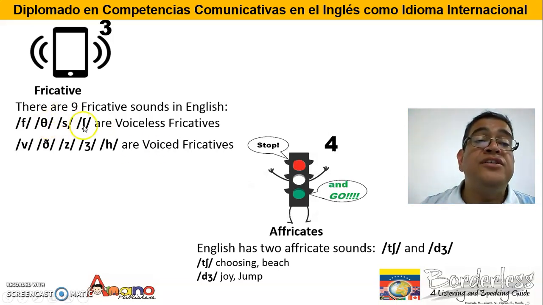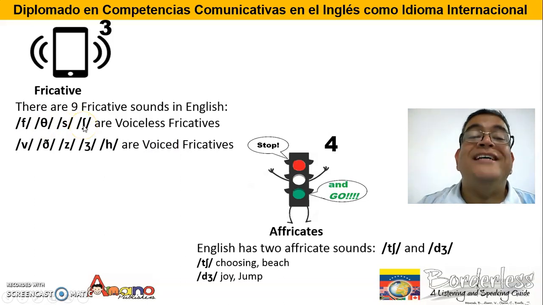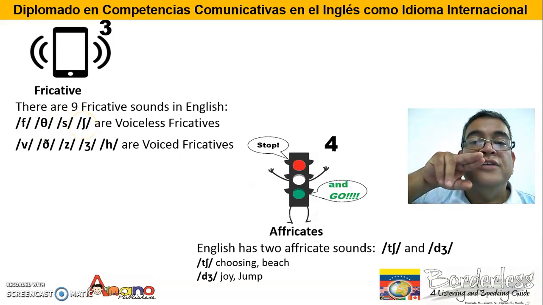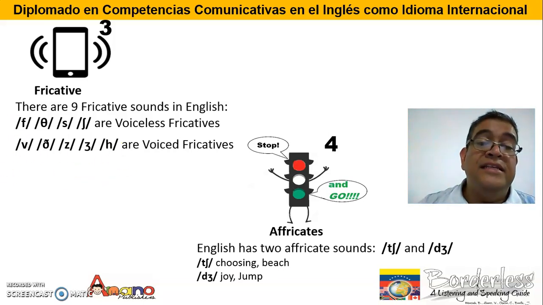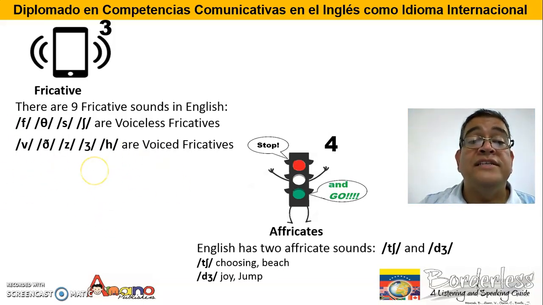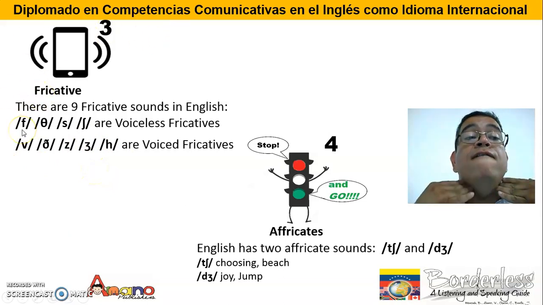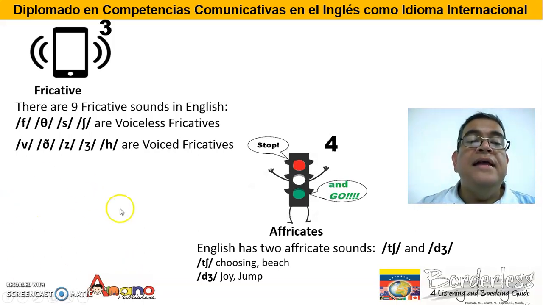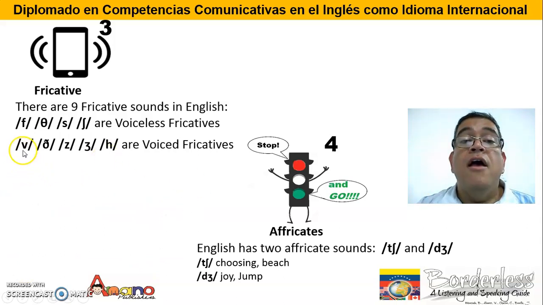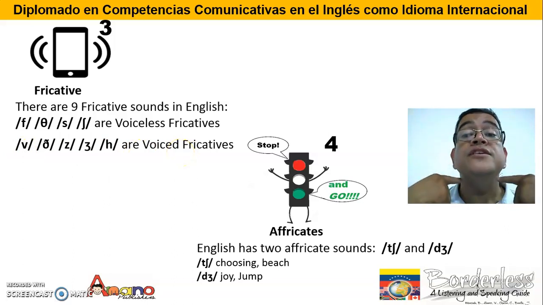And we have this sound that is produced with the tongue and the front teeth, okay? These fricatives are voiceless because they don't produce vocal sound. Let's repeat them again. And the other sounds that produce friction are voiced, by the way, because they do produce vibration here.